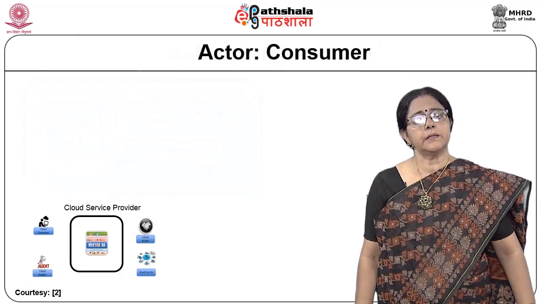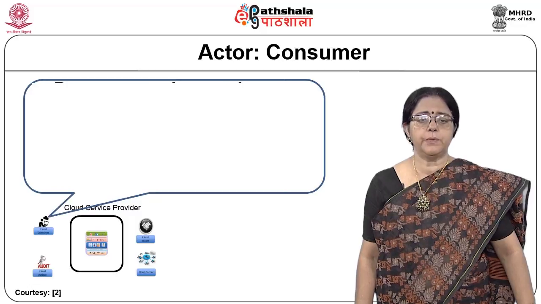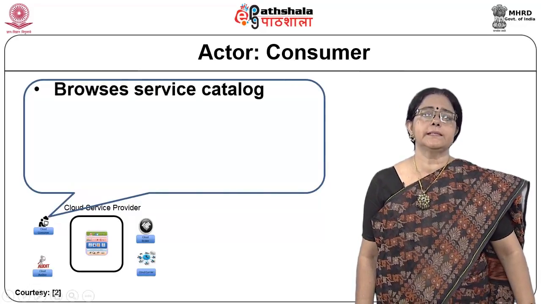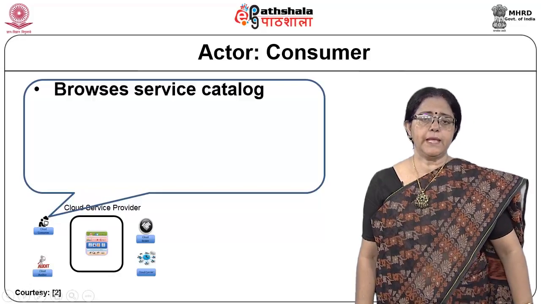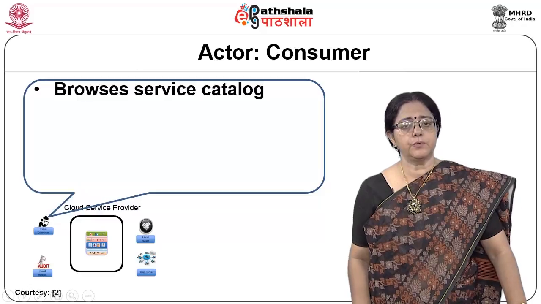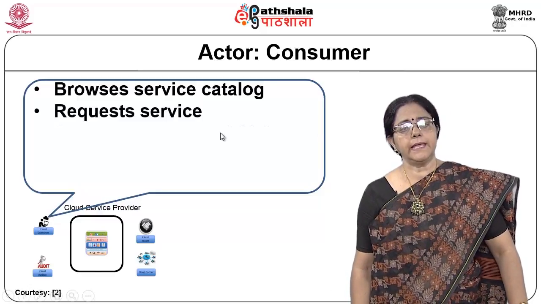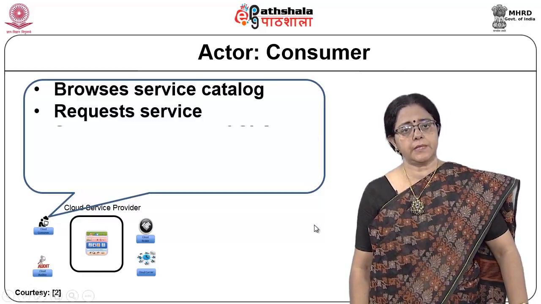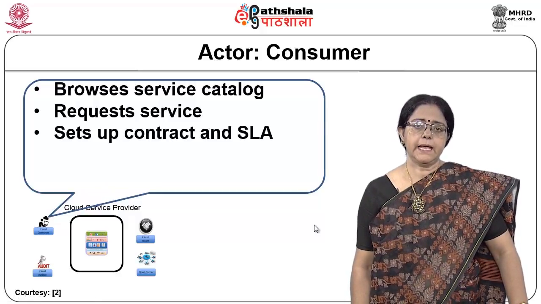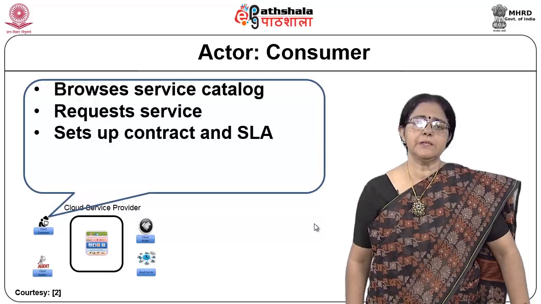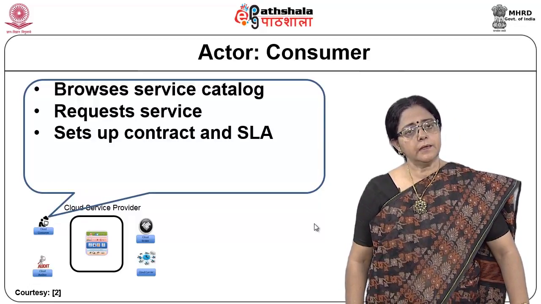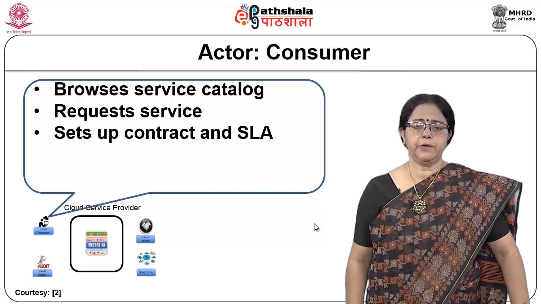The next one is the consumer. The job of the consumer is to see what services are available. So, they must know where the catalog is available and browse through the catalog. They request a service based on their requirement, and as soon as they request a service, a contract between the provider and the consumer has to be created.